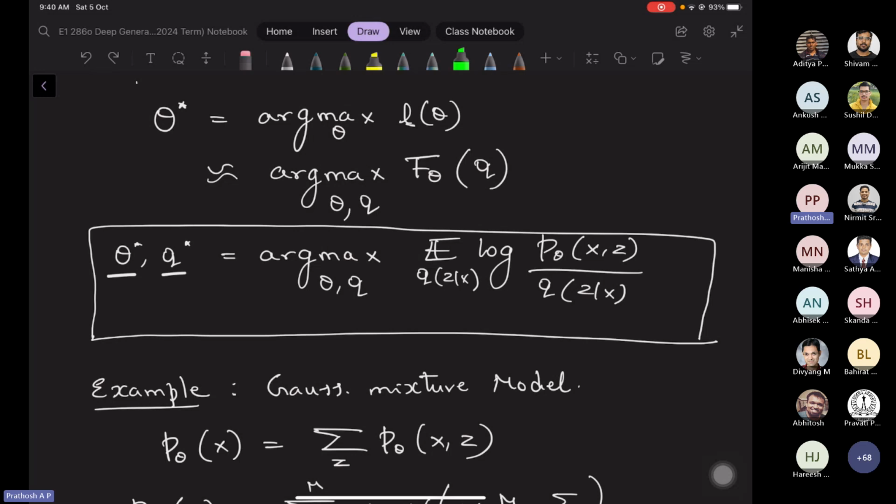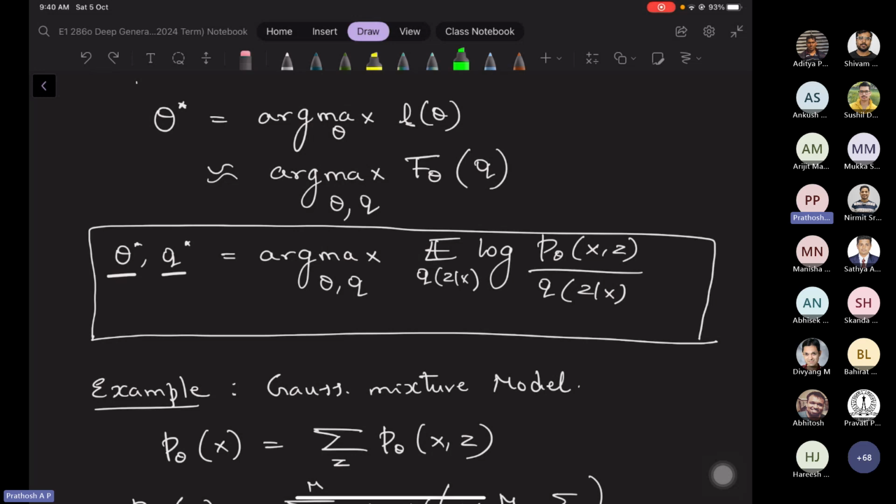It is where the distribution over the data is given as a marginal over the joint distribution of the data variable and another unobserved variable denoted by z, called the latent variable. Okay. The goal is to minimize the KL divergence and find the parameters theta. Now we cannot do it because we don't know what the latent variable is.